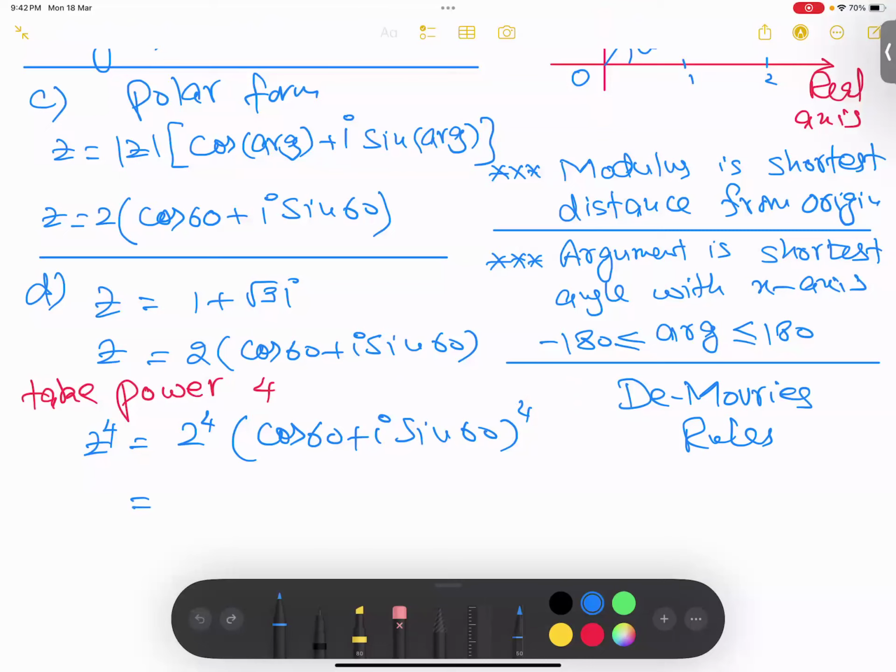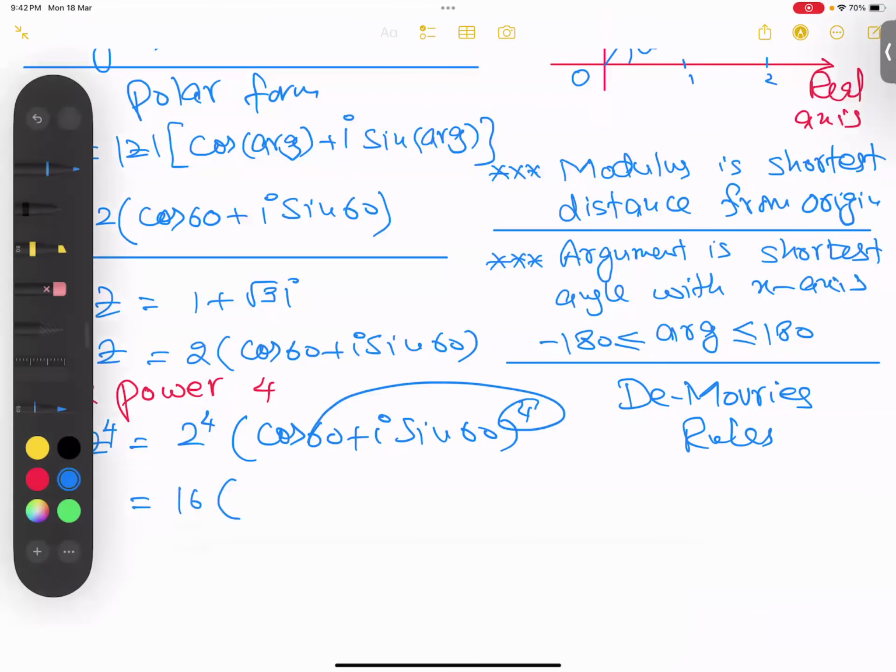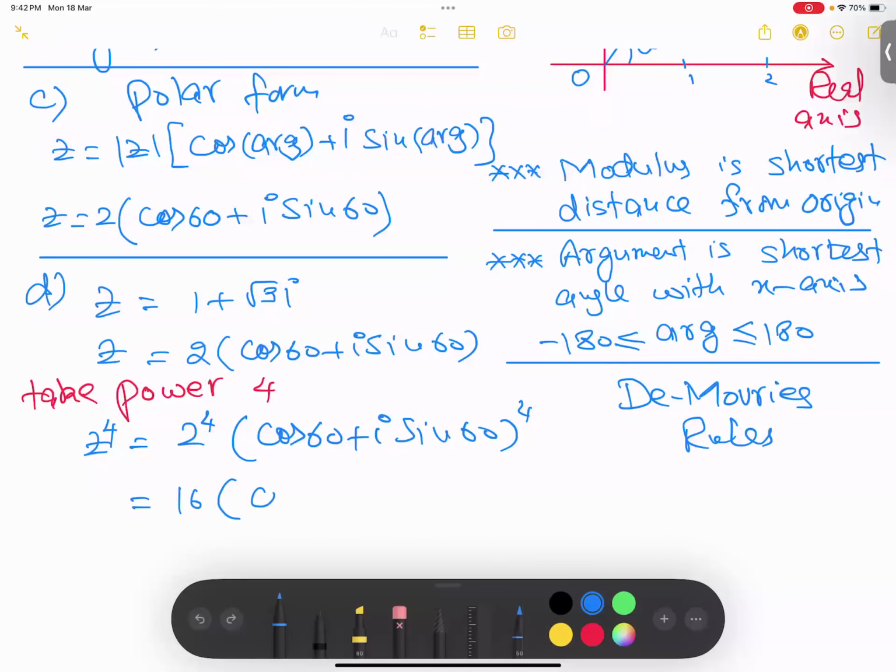2 to the power 4 is 16. This 4 multiplied with 60, I get 240, since 6 4s are 24. So cos 240 plus iota sin 240. DeMoivre is a scientist's name, and he said that whenever you want to take a higher power, the power will just multiply with the angle.